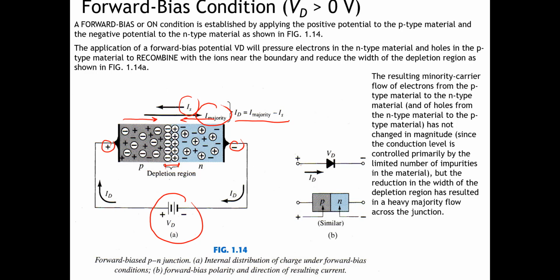If the depletion region is very small, the electrons from the n-type can flow over the depletion region here, and the holes can flow from the p-type to the n-type through the barrier, so they can combine with the electrons in the n-type, and the current will flow.